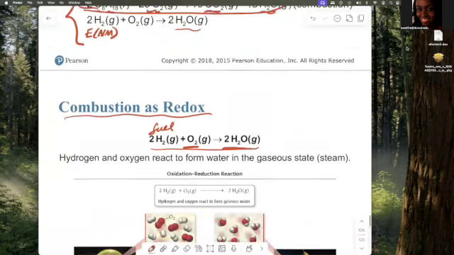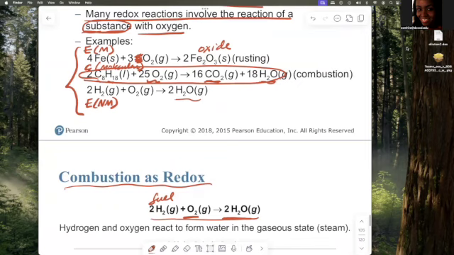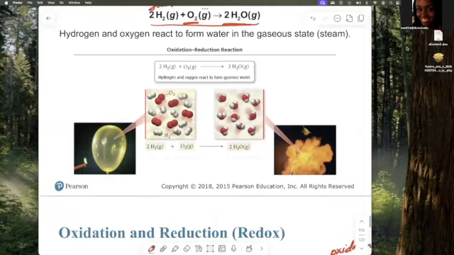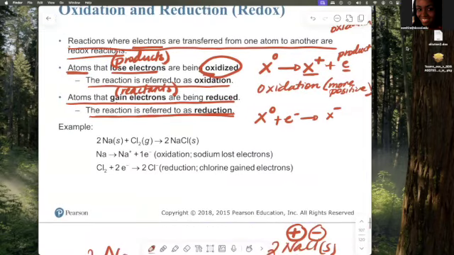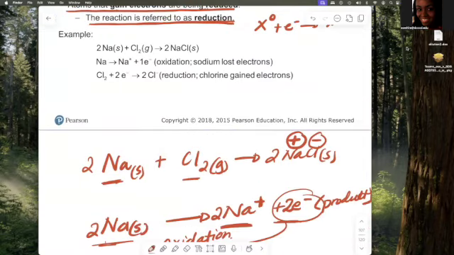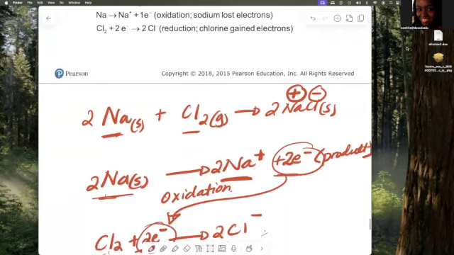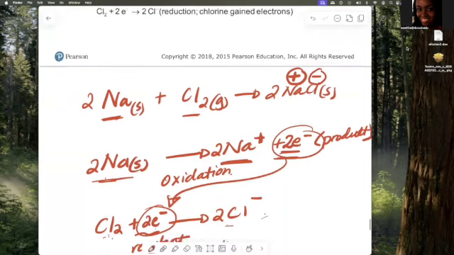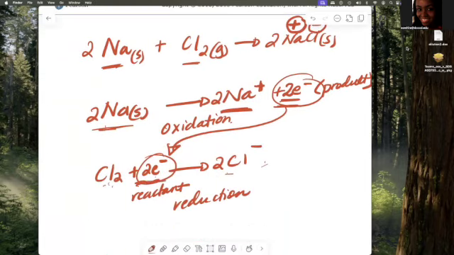So we just quickly review. We covered identifying redox reactions by a substance reacting with oxygen. That was the first one. The other one is by identifying electron transfer. The oxidation reaction creates electrons. Reduction reaction uses, utilizes electrons, right?